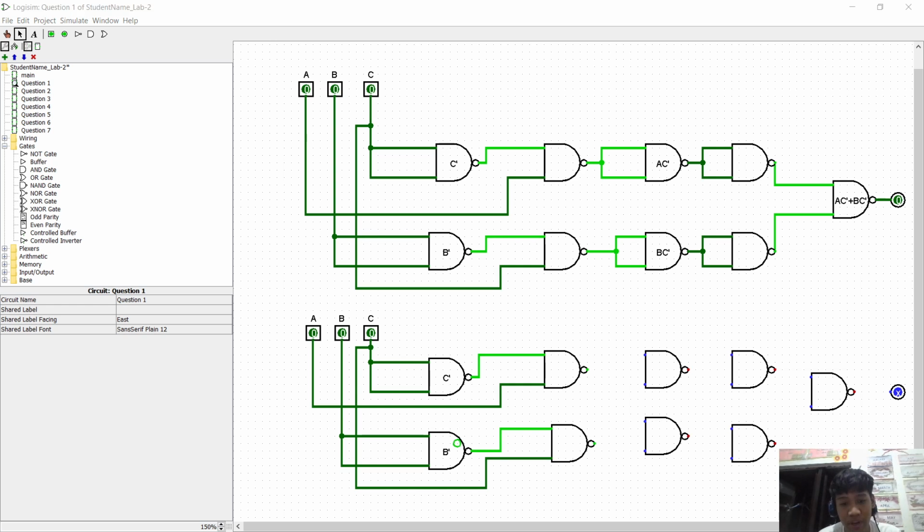And then for the next step, we add the two AND gates here. In the next step, it will act as an AND since the NAND will be negated in this part. There we have it.